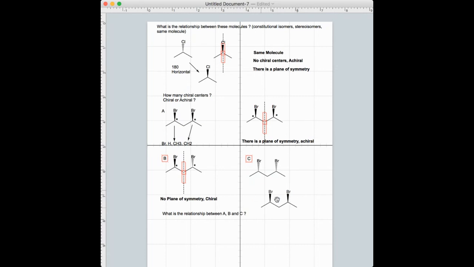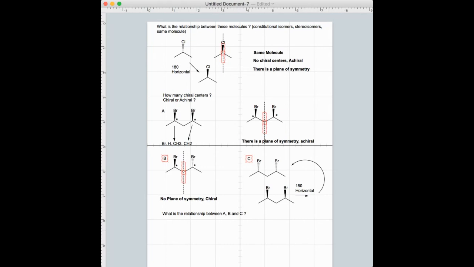If I flip this 180 degrees horizontally to the right side, then the carbon pattern is going to be the same. Anything that is stretched is going to go dash, and therefore we will end up with this molecule, okay?